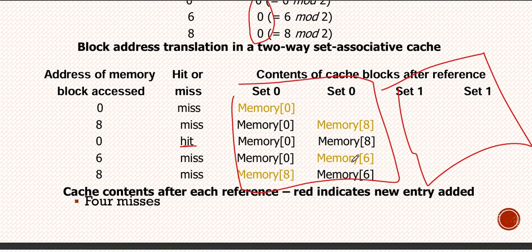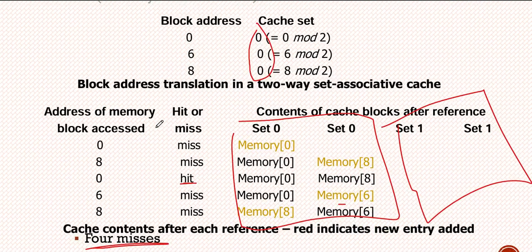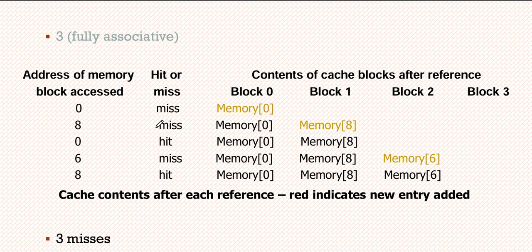So we'll put the 6 there. Then we come for an 8 again. 8 is not inside. So we miss. So you realize that we do a total of 4 misses. Here we miss 5, this one misses 4.